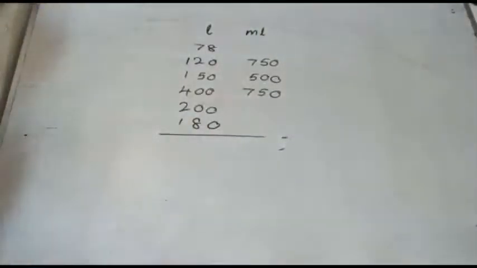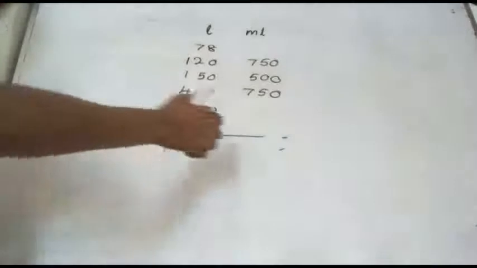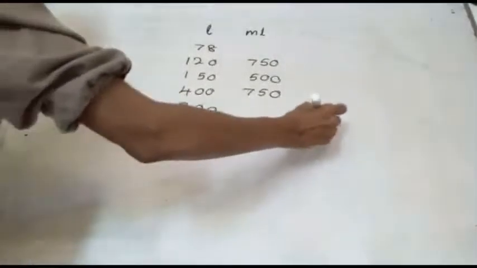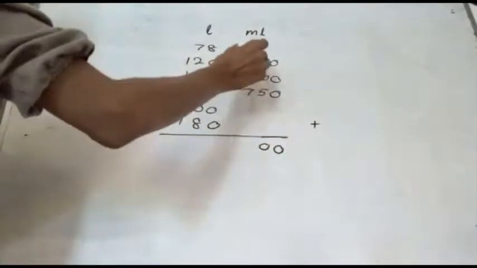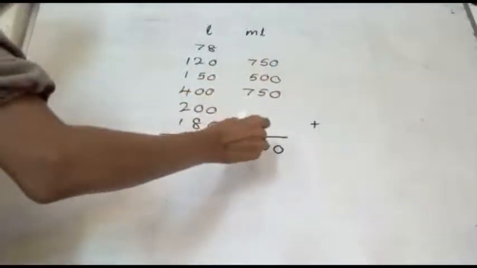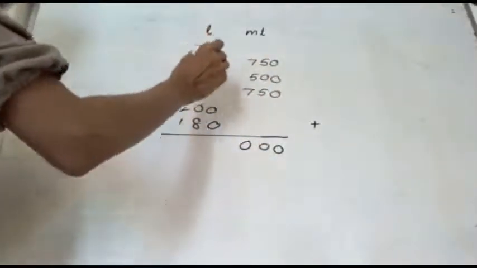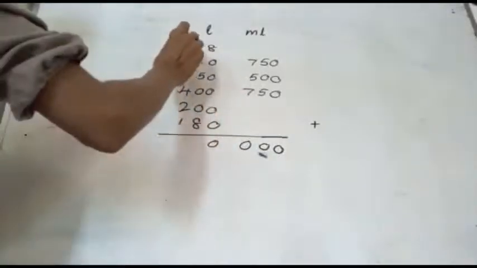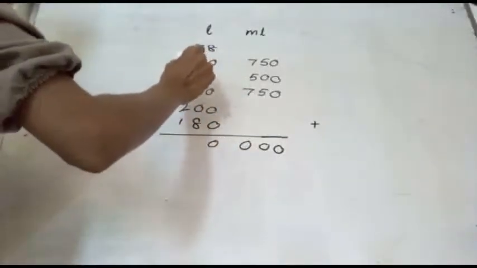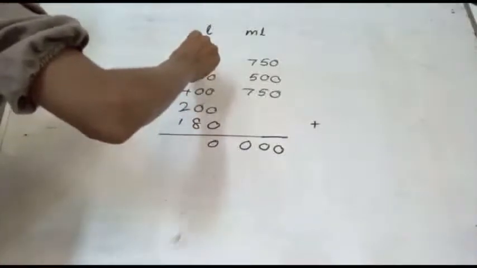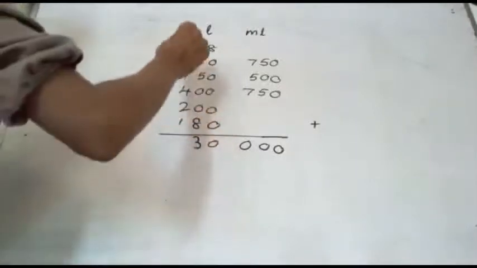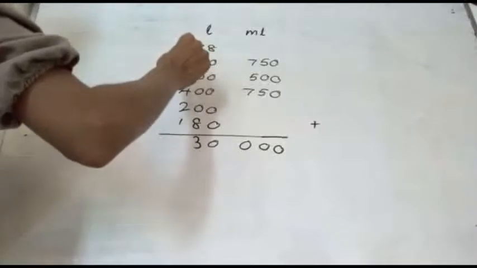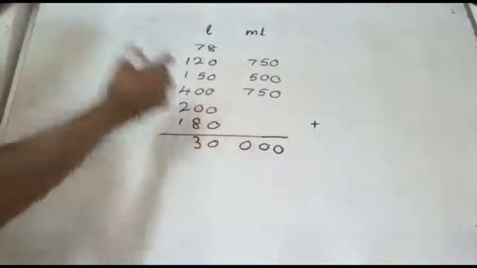The total amount of water used in the first 6 hours. We find the addition. 0, 5 plus 5, 10, remaining 1. 1 plus 7, 8, plus 5, 13, plus 7, 20, remaining 2. 2 plus 8, 10, remaining 1. 1 plus 7, 8, plus 2, 10, plus 5, 15, plus 8, 23, remaining 2, plus 1, 3, 4, 4 plus 4, 8, 10, 11.